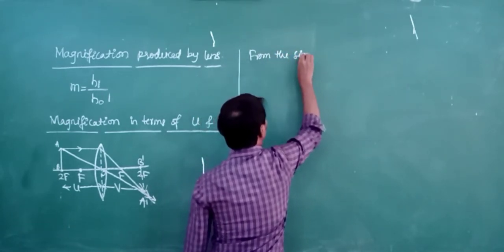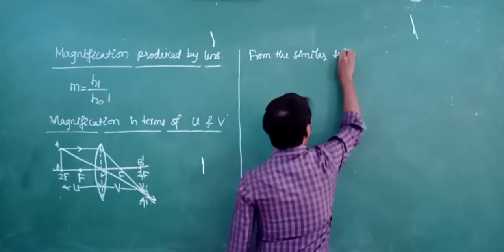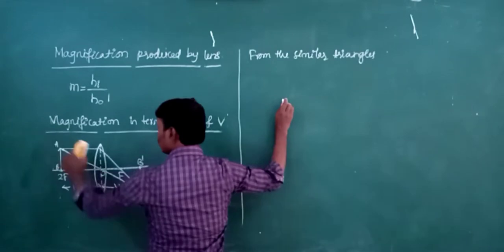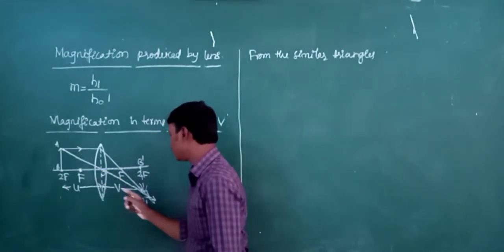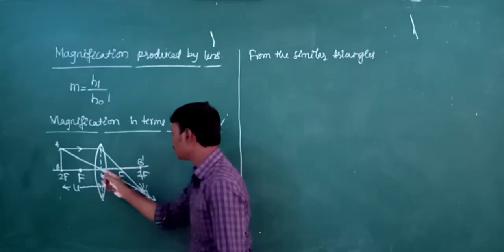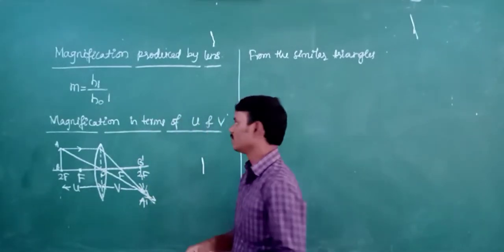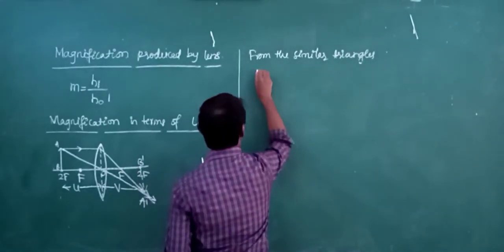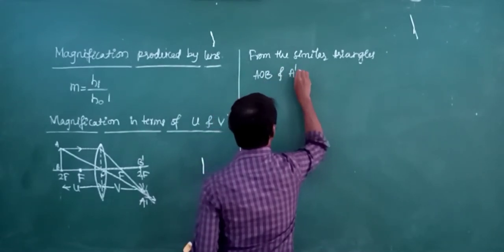Because the angle subtended by AOB and the angle subtended by A dash O B dash are both equal, both are similar triangles.